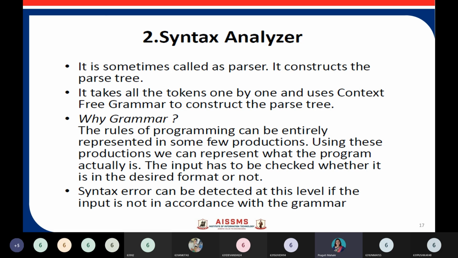The syntax analyzer is also called the parser, and in this phase a parse tree is constructed out of whatever tokens are generated. So syntax analysis is the second phase of the compilation process. This phase includes the recognition of the declarations, expressions which you have written in the source program, all the executable statements, etc.